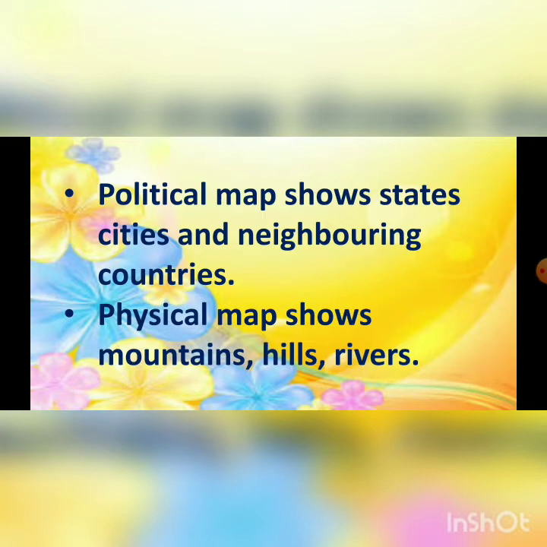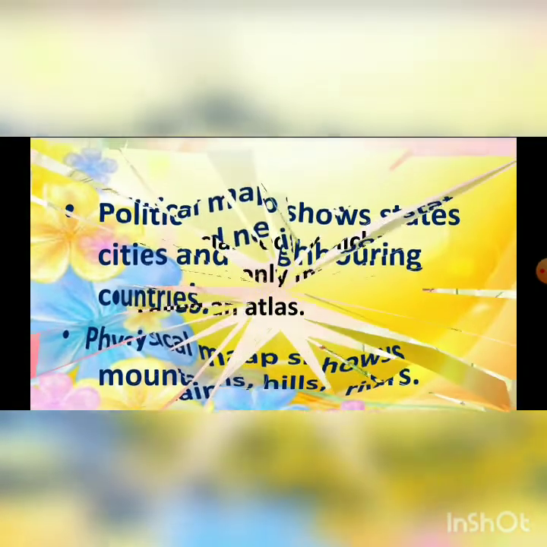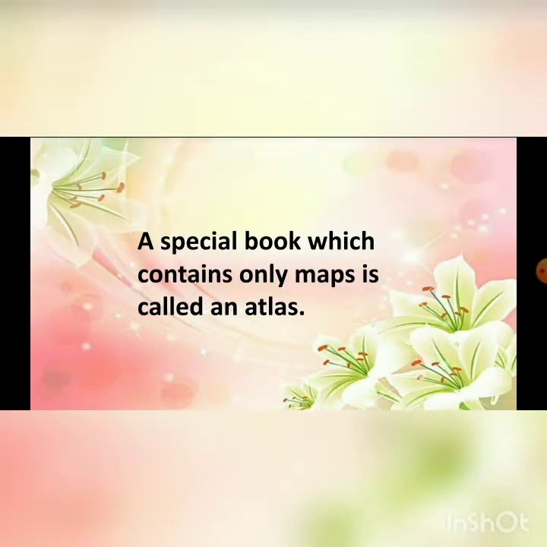And physical map shows mountains, hills, rivers, roadways, highways, national highways, railway lines, etc. A special book which contains only maps is called an atlas.